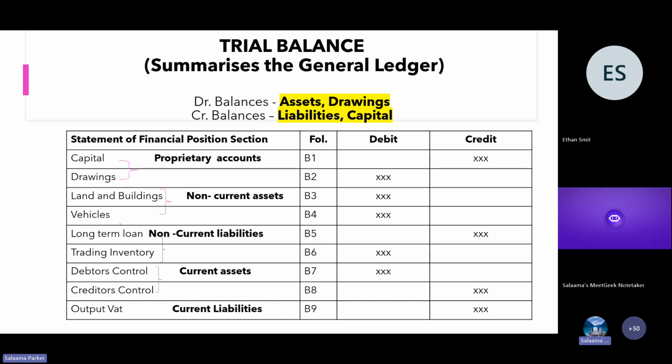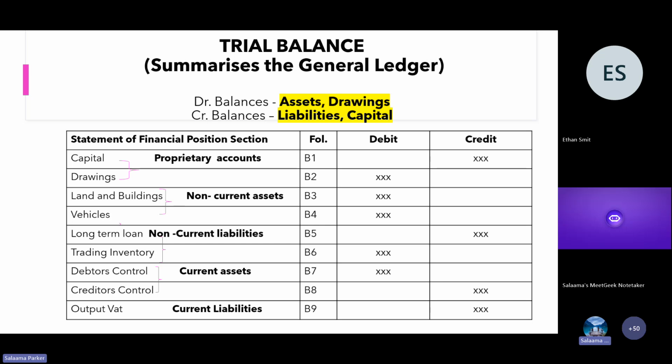So you always start with... Ditiro, I'm not sure if the trial balance will be in your upcoming test, but you must know how to do a trial balance.